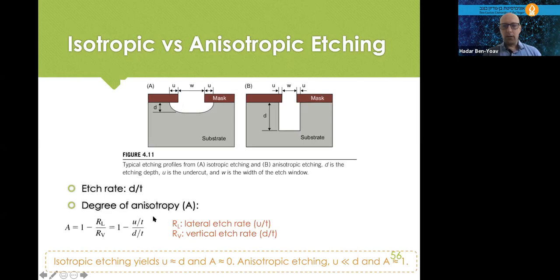However, when we have a much faster etching rate towards the vertical direction, this value is very, very small compared to this value. So this number is almost 0, and we get anisotropy equals 1, meaning that we did have an anisotropic etching. Any questions on isotropic and anisotropic etching?